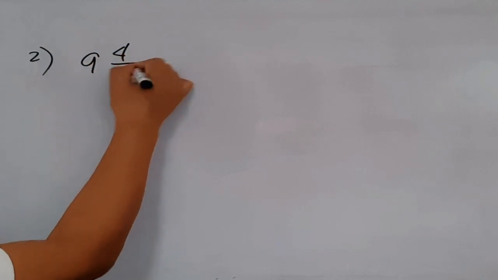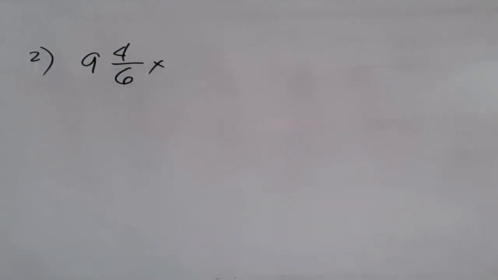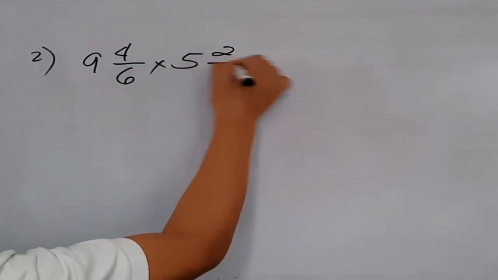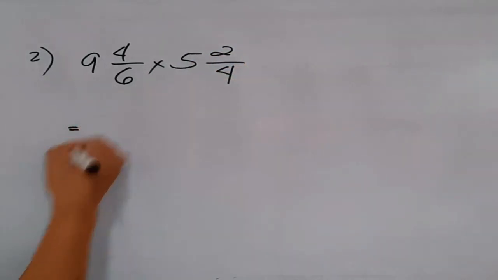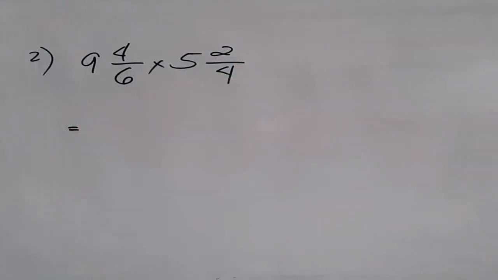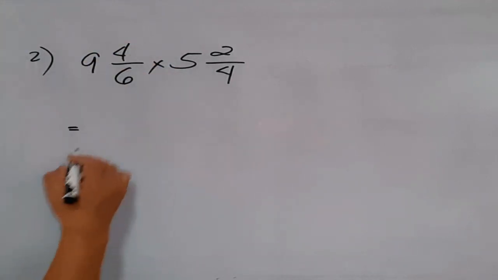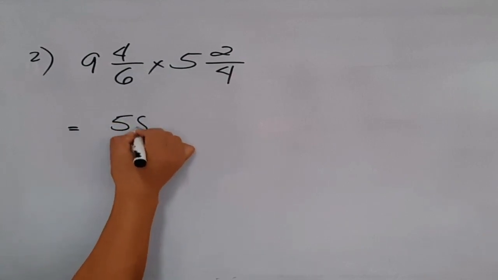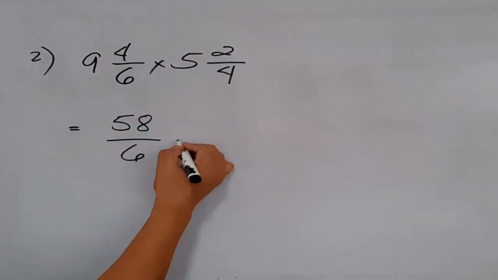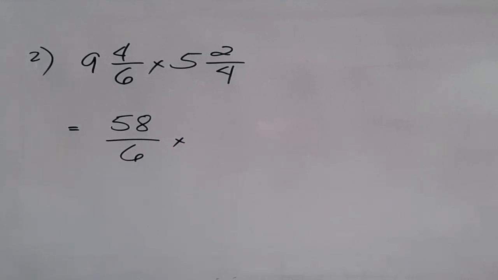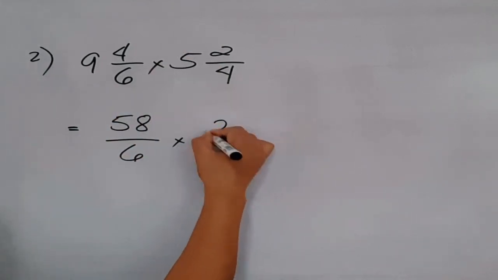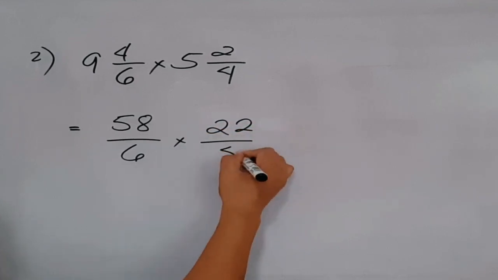Example number 2. 9 and 4/6 times 5 and 2/4. We convert the fraction into improper fraction. 9 times 6 is 54 plus 4 is 58 over 6 times 4 times 5 is 20 plus 2 is 22 over 4.